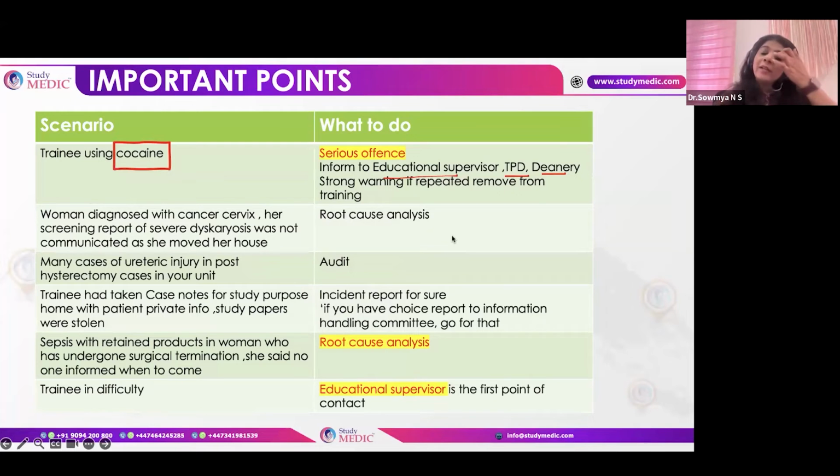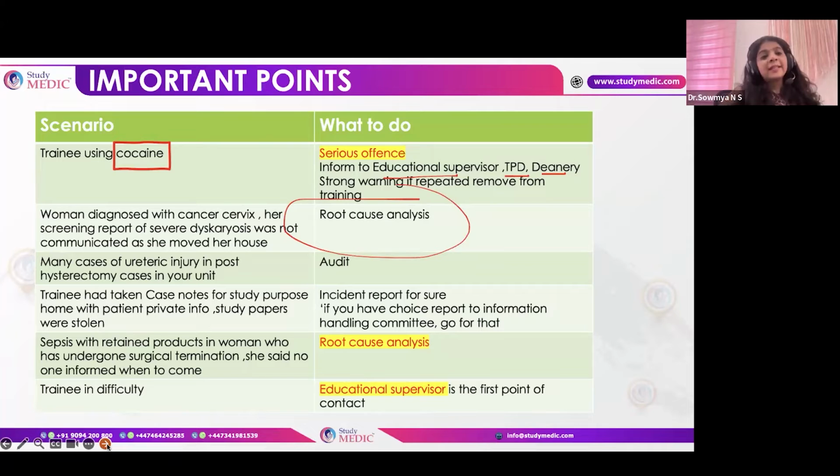Ideally, a lead colposcopy nurse should have the change of address and all that. Just because she moved from one address to the other, it was completely missed to communicate, and she has come back with cancer of the cervix. Obviously, this would generate a root cause analysis to figure out what happened and why they didn't inform.